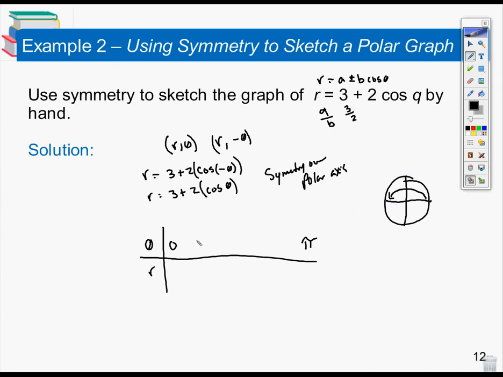Alright, so all that I need to worry about is 0, something like pi over 6, something like pi over 3, pi over 2, 2 pi over 3, 5 pi over 6, and then I can get all of my values, and I'll be able to plot the entire thing.